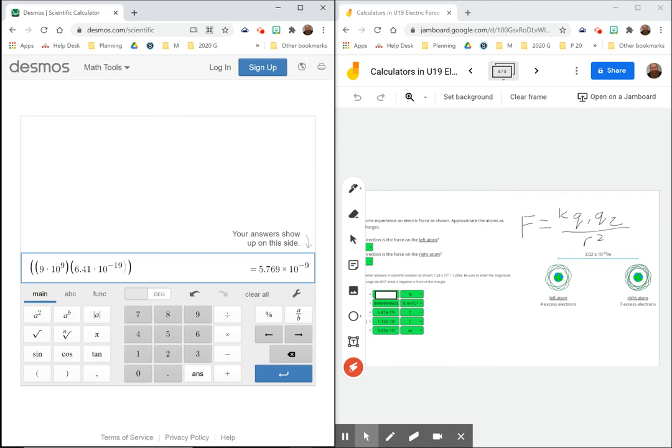Once again, right arrow to go out of the exponent, and end parentheses and begin parentheses for Q2. So now we're on to Q2, which is our second Q here. And so make sure we're in the right place, 1.12.